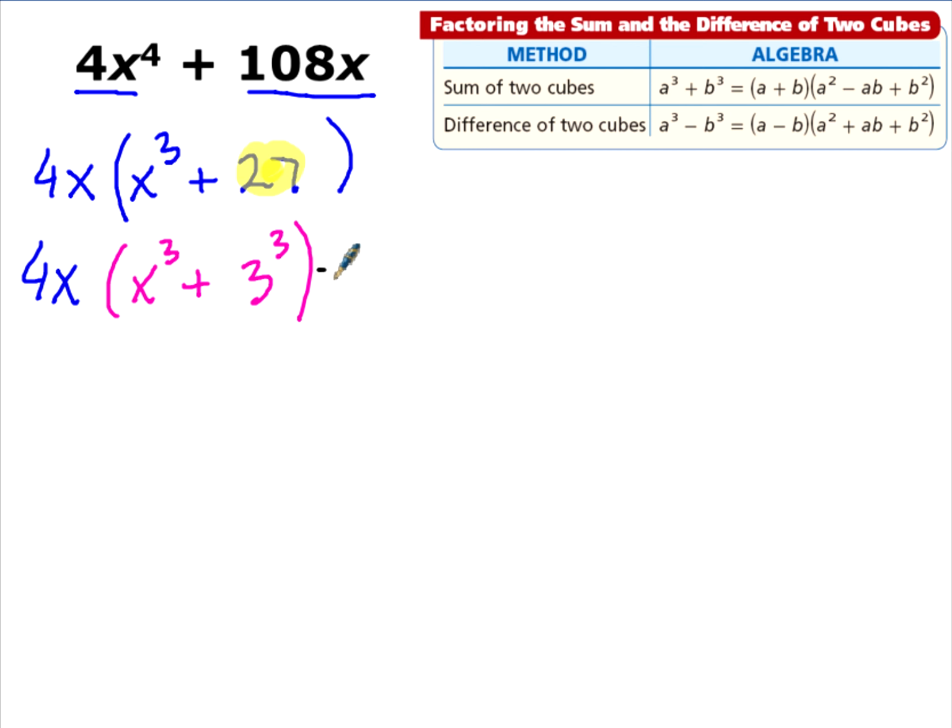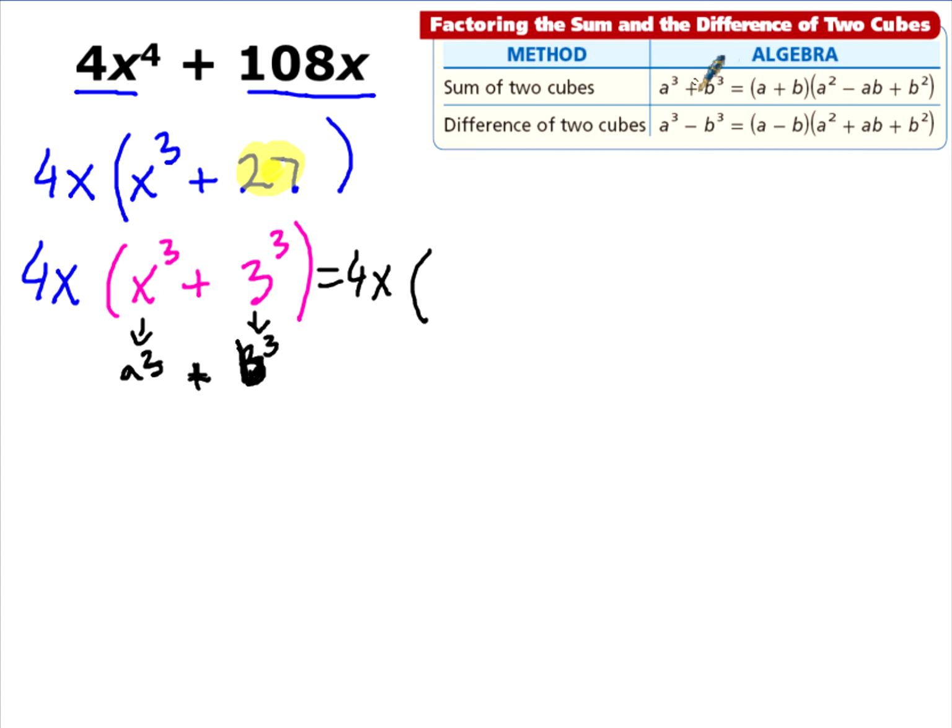So we keep 4x, and then the sum of two cubes says that we take a plus b, which in this case is our a is x and our b is 3. So we have a cubed plus b cubed, that's our x cubed plus 3 cubed.